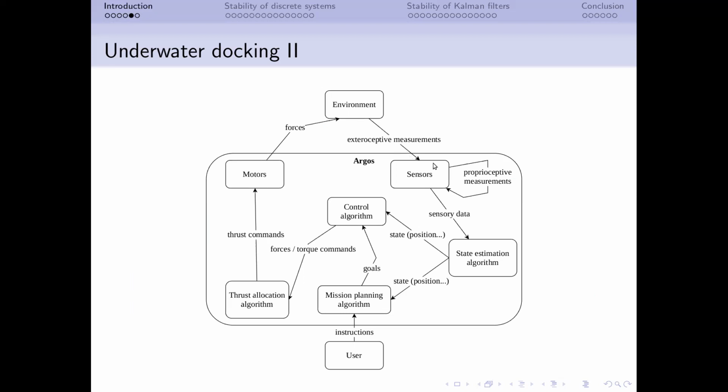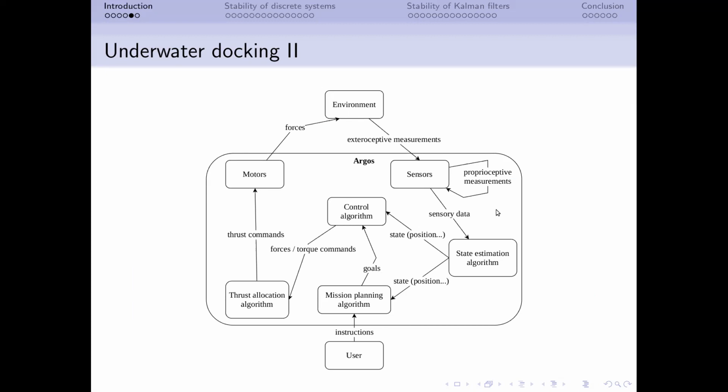And the robot, by means of sensors and a few algorithms, a state estimation algorithm, say a Kalman filter, a control algorithm, a mission planning algorithm, and a few motors, follows the mission that has been input by the user and hopefully performs it correctly.